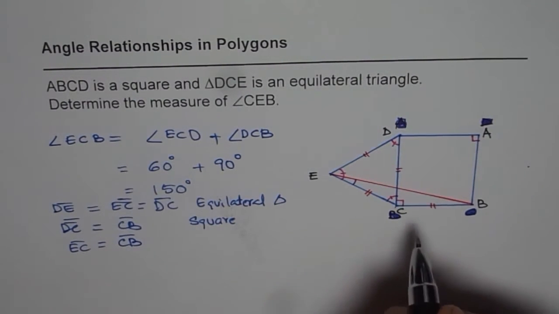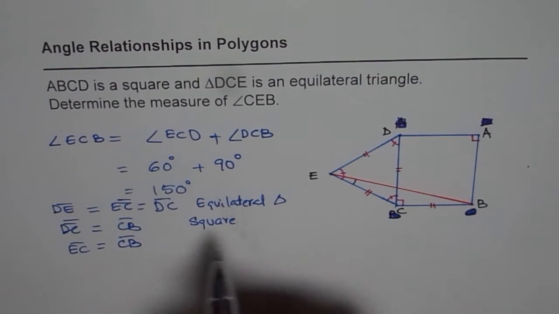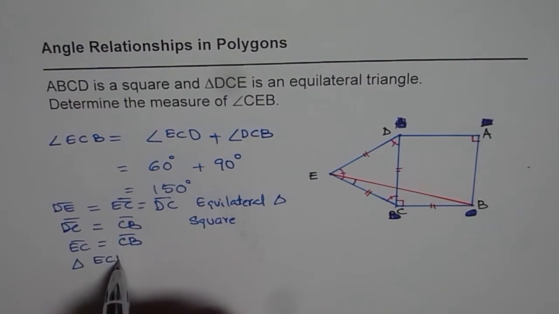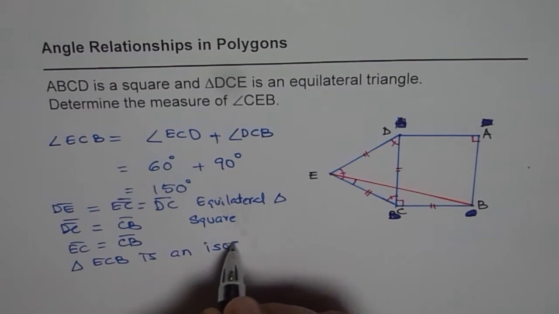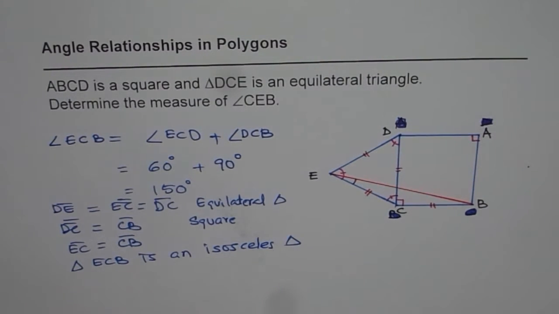They're congruent sides. Now when EC and CB are equal, then that means that the triangle ECB is an isosceles triangle, right? So its two sides are equal.